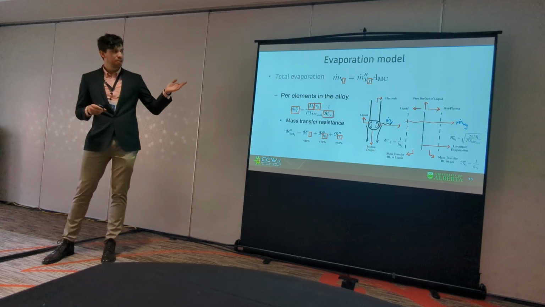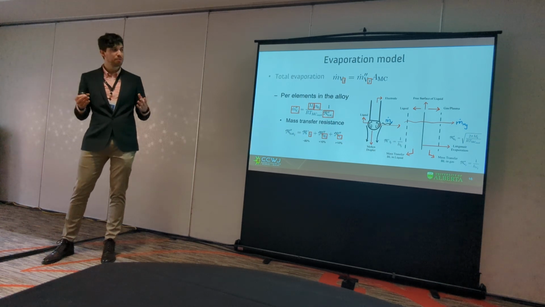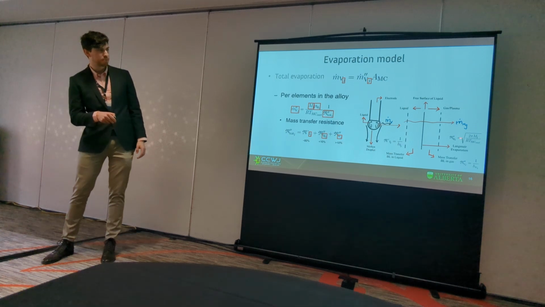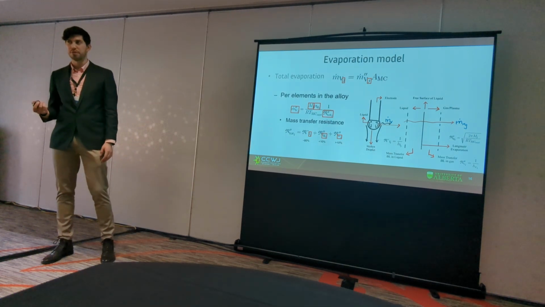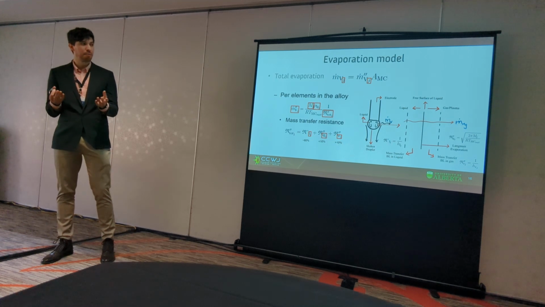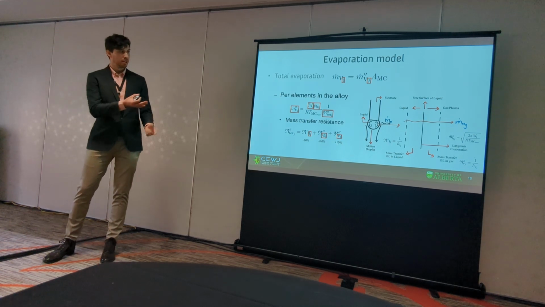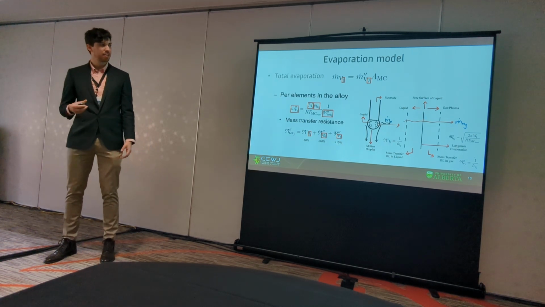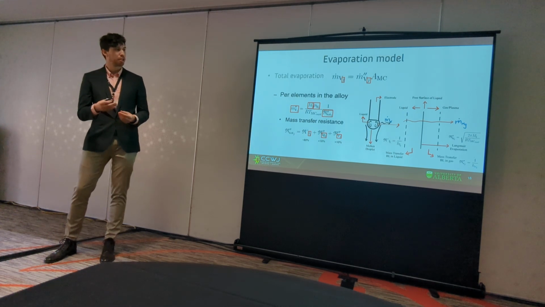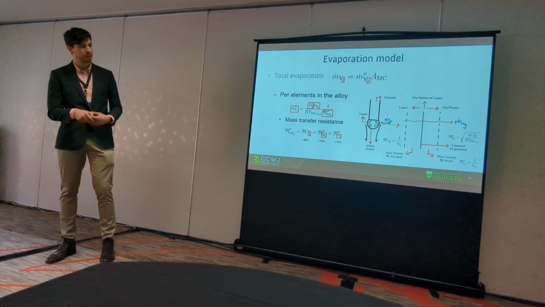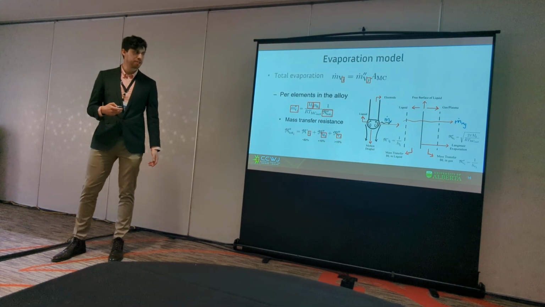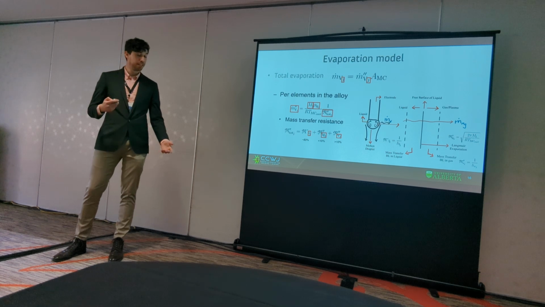If we increase somehow this resistance in the boundary layer, we should have a decay in the droplet temperature. So how can we do that? Maybe put some oxygen or some active gas in the mix of gases so that we can create a smaller boundary layer that is going to create a higher evaporation, and then we're going to have less droplet temperature, maybe less evaporation of magnesium, or different.